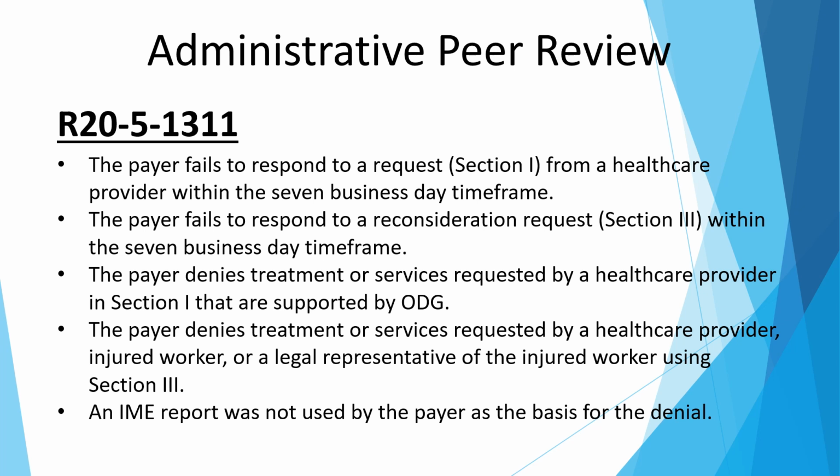Number one, if the payer fails to respond within 7 business days to a Section 1 pre-authorization request, it is eligible for peer review. If the payer fails to respond to a reconsideration request in Section 3, and that, by the way, can be submitted by the healthcare provider or the injured worker, then it is eligible for an administrative peer review, again, if you don't respond within 7 business days.